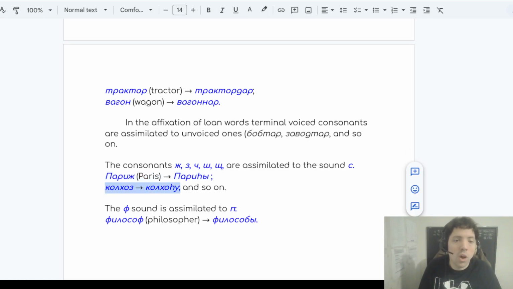When you add the ending, it becomes an H. You add the U to the end of colhos, even though it's colhos, not colhos, it will still turn into an H as if the C would. Colhahu. All right. The F sound is assimilated to a P, so philosoph, or philosopher in Russian. When you add the ending, the F becomes a B.